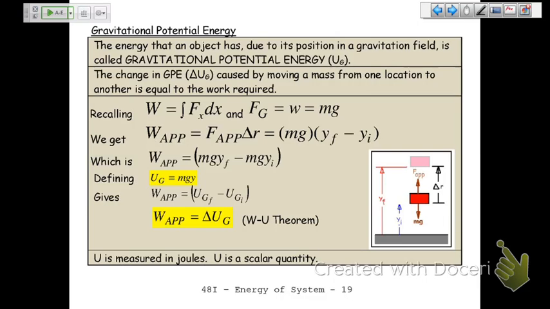Gravitational potential energy. Okay, let's look at our physical situation. We have a mass, and it has a downwards weight because it's in a gravitational field. I'm going to have a lifting force, an applied force, and it's not going to be significantly bigger.